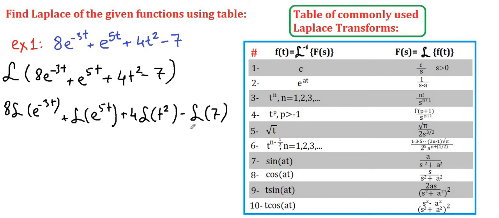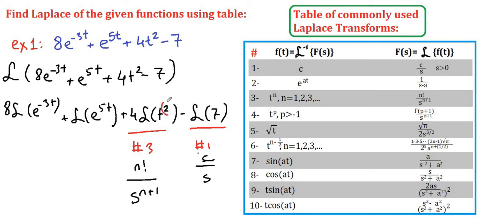Here we're going to take the Laplace of a constant, which is number 1 on the table. Laplace of a constant is constant over s. This one is the Laplace of a polynomial function t to the n degree, as in number 3, and the Laplace of any polynomial function is n factorial over s to the n plus 1.